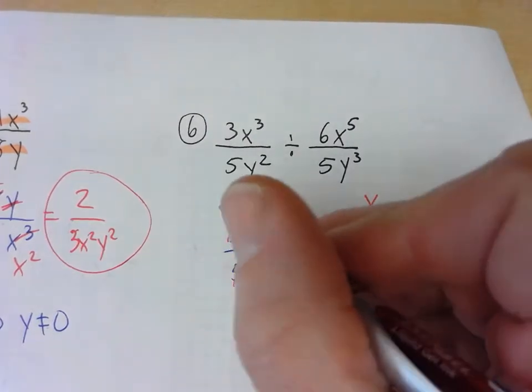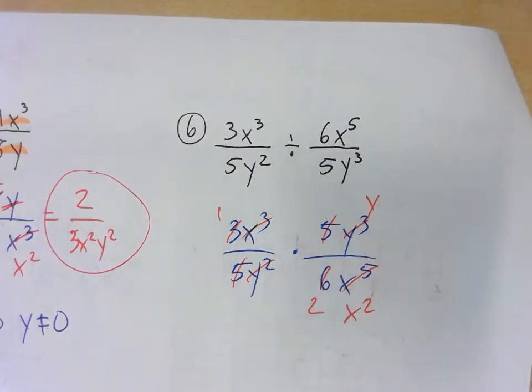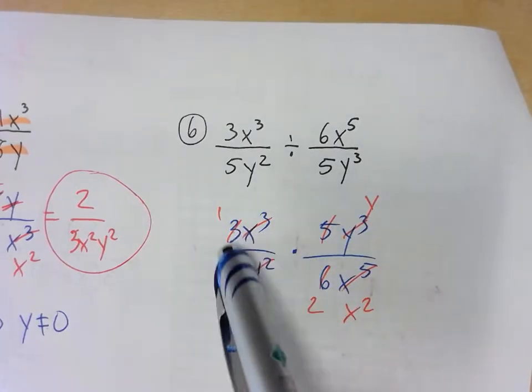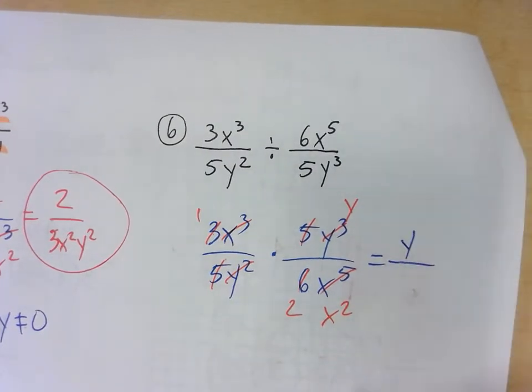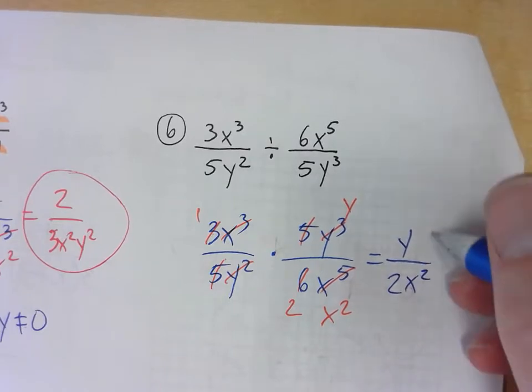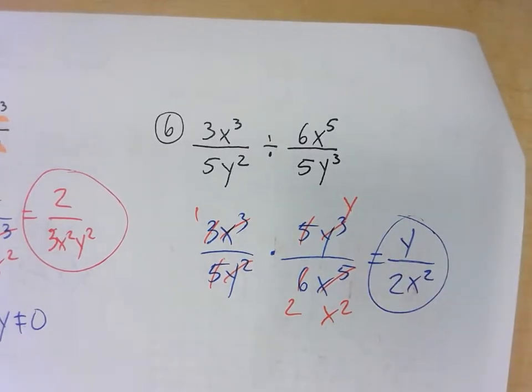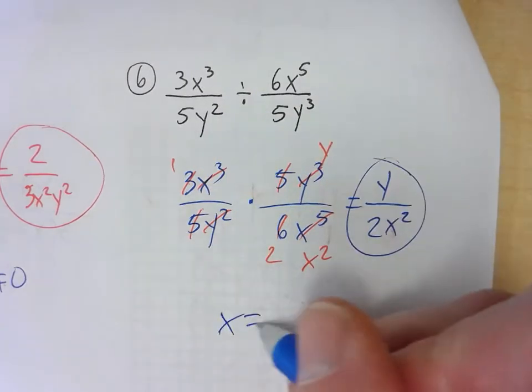So, oh, and then 1 versus 2 of these. Okay, so 3 over 6 is like 1/2. So this is gone, that's gone, that's gone. So I have a y left on the top, and on the bottom that's all gone, and I have 2x squared. And again, there, and there, x and y cannot be 0.